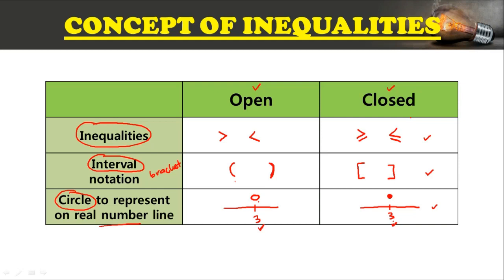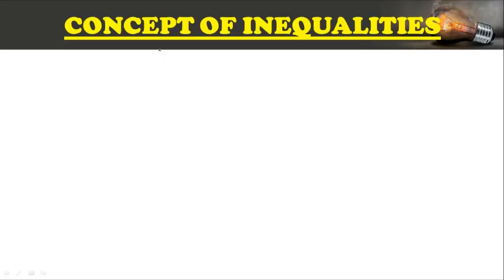Okay, solid circle, bulat hitam. Termasuk? Tak termasuk. Open. The question about inequality will have the symbol like greater than, less than, greater than equal, or less than equal. Okay, this symbol will indicate that our question is actually inequalities question.